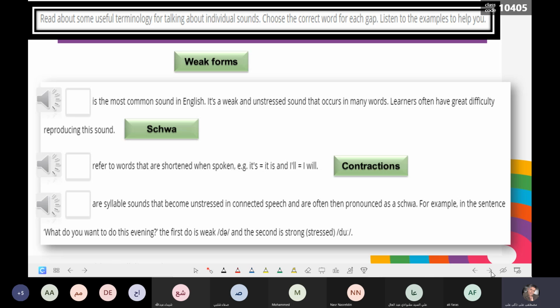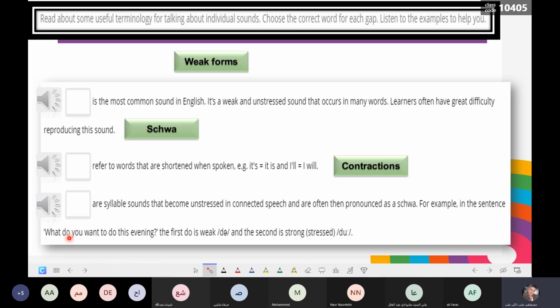What do you want to do this evening? Now, if you notice the question here, we have the verb "do" repeated twice: here as an auxiliary verb and here as the main verb. Do you think the verb "do" will be pronounced the same in both cases, or will one of them be a weak form?